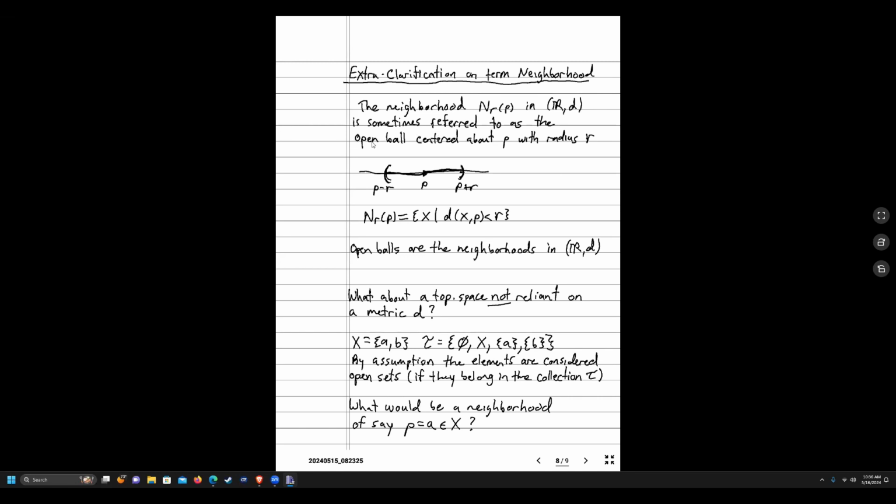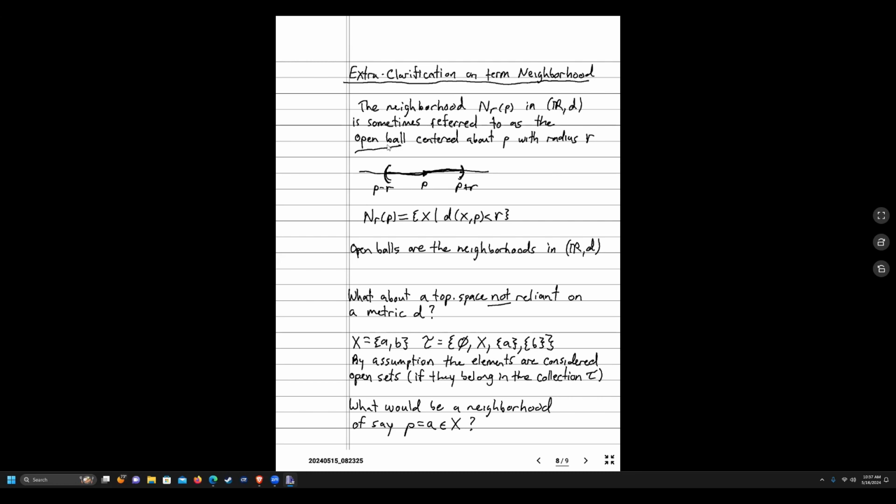That's some terminology you'll see in real analysis or basic analysis classes. You might use the open ball terminology, and a neighborhood in this metric space is an open ball.